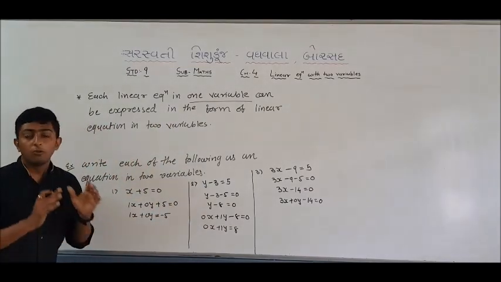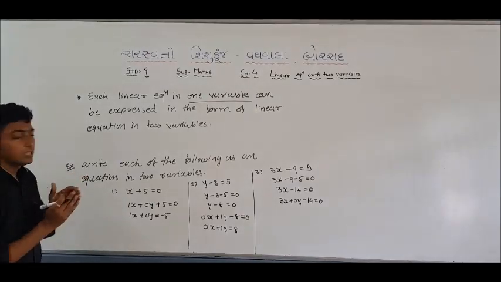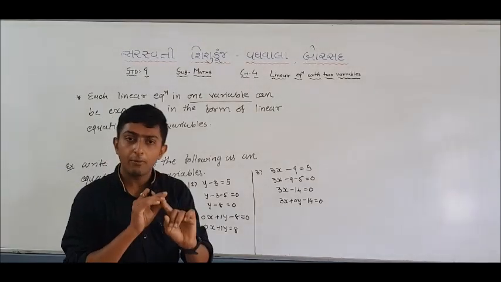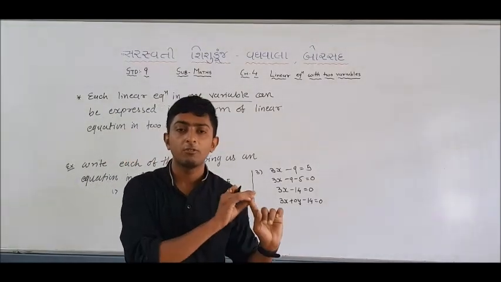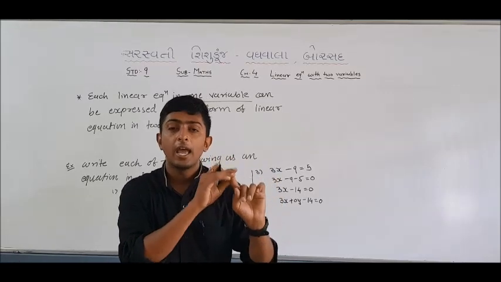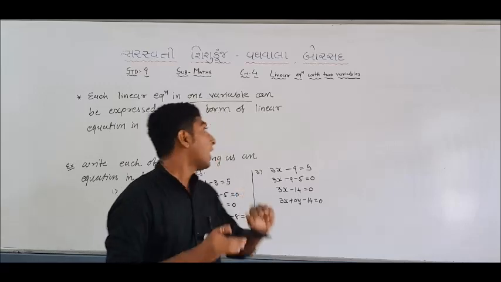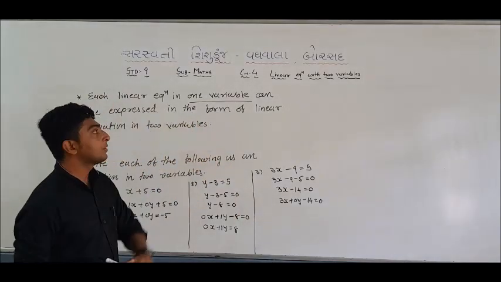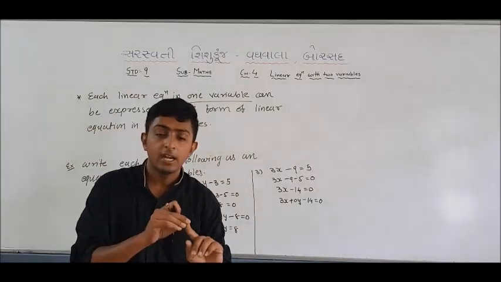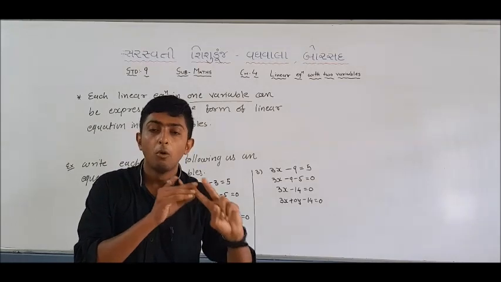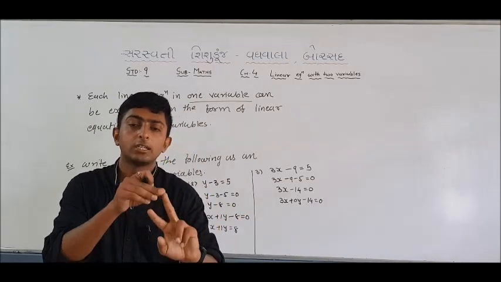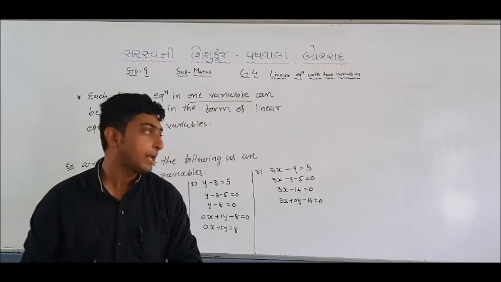So now, for the conclusion, today we discussed linear equation with one variable. What is a linear equation with one variable? An equation having only one variable, and the variable has degree 1. Another is linear equation with two variables: an equation having two variables, both of which have degree 1. Term xy is not present.